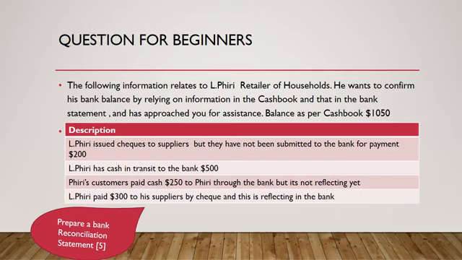So a cash in transit, we are saying we are moving money from the business to the bank. So the bank hasn't yet received it. The money is on its way to the bank. So the bank hasn't yet received it, which means this amount will not reflect on the bank statement. So it's a form of an uncredited lodgement. So we treat it the same as an uncredited lodgement. I hope I have given you a clue there.